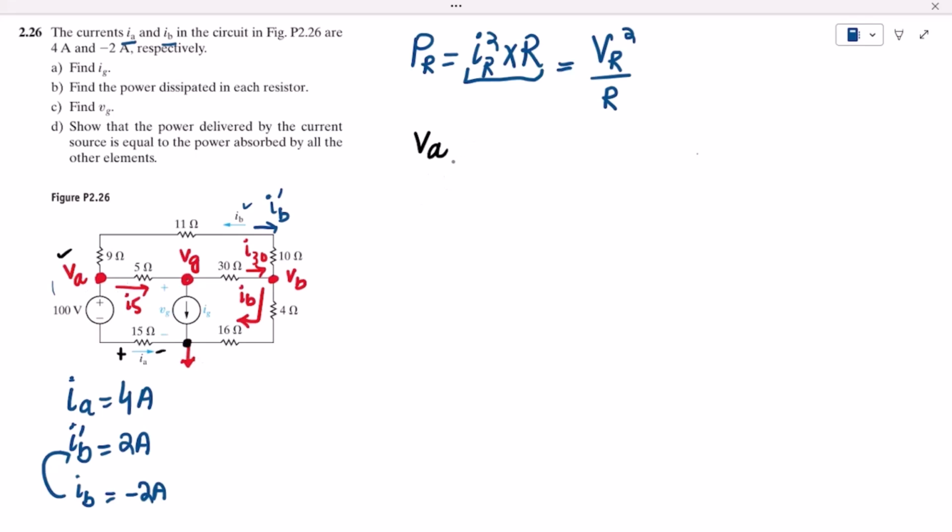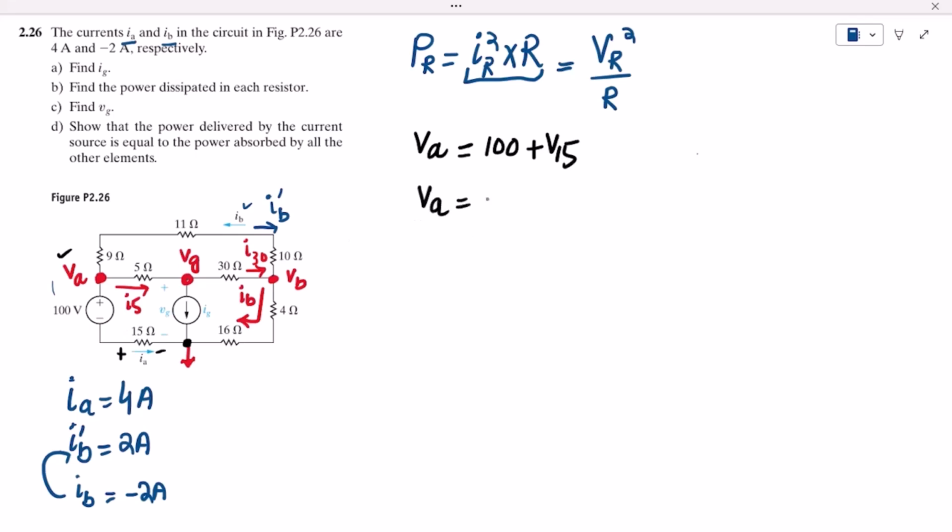it will be VA equal to 100 volts because of this voltage source, and we can see that these are the same polarities which are connected. So therefore it will be plus V15, the voltage drop across this 15 ohm resistor.